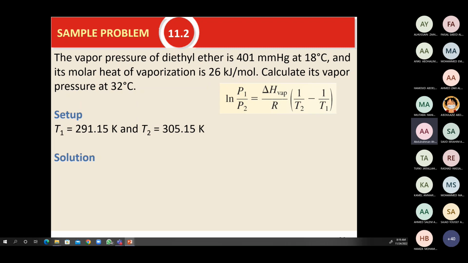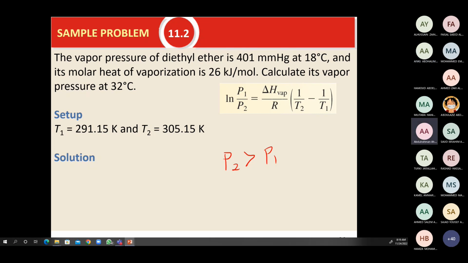Okay, so my question is, according to this problem, which one is going to be bigger, P2 or P1? P2 is bigger than P1. Why? Because the heat increased. If you increase the heat, the vapor pressure will increase, right?